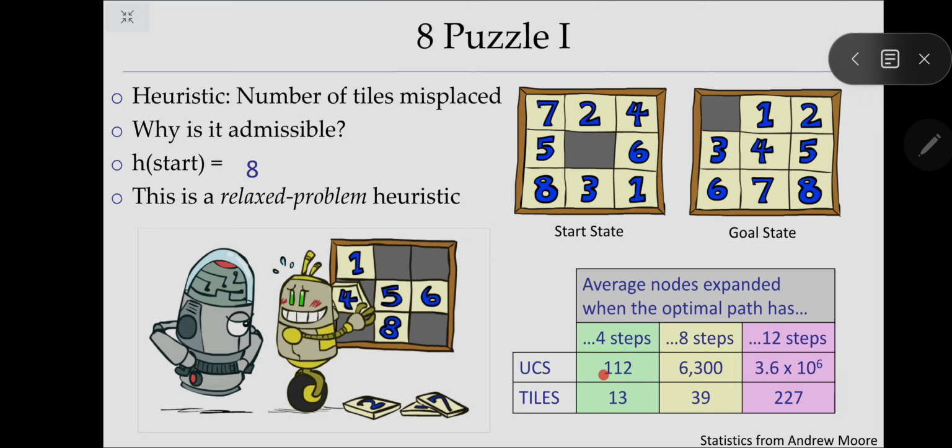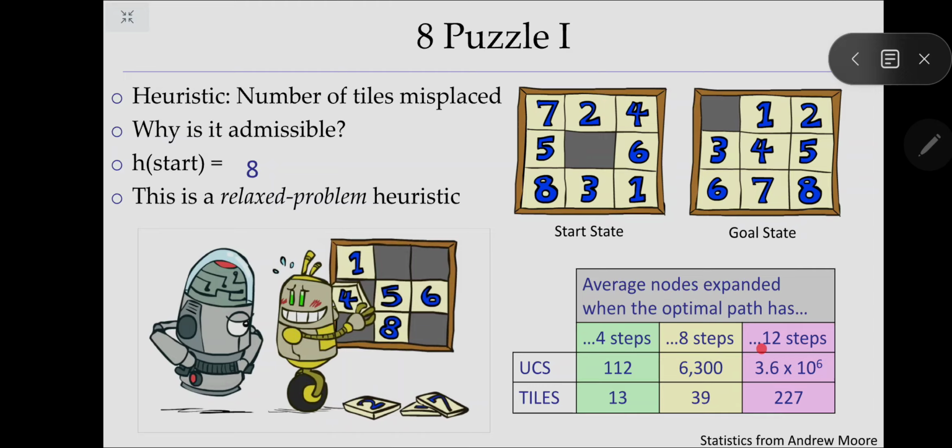As you see, the number of expanded nodes for the first step is 112, and for the 8th step is 6,300, and it increases exponentially for more steps.